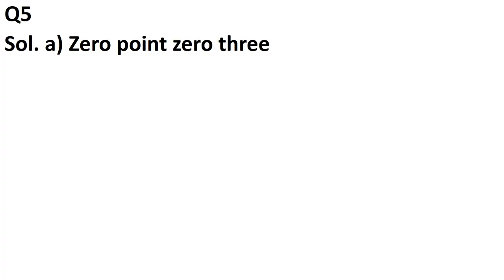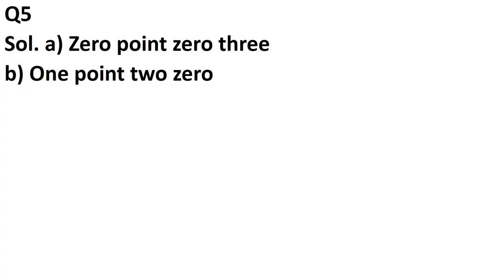Next is the third question. 0.03 is written as we speak. In the same way we will write down the others. B part is 1.20.